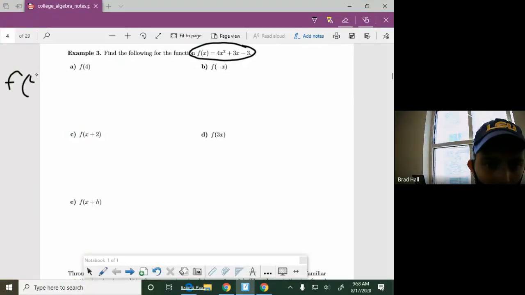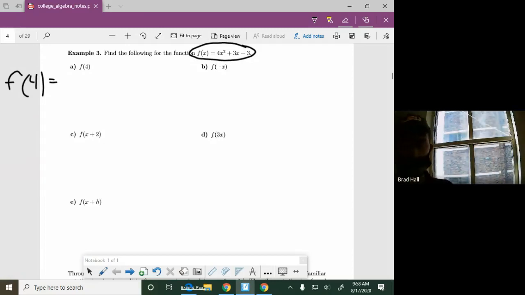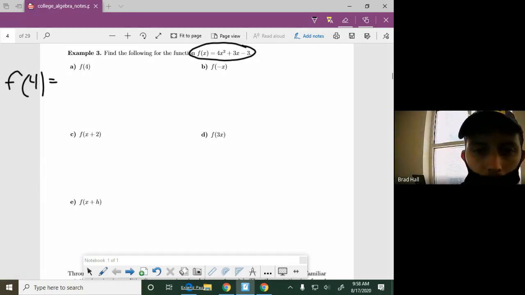So this says f of 4. So if you remember how that notation works, it means for that function that I have circled up there, I'm going to plug 4 into every occurrence of x that I see. So every time I see an x, I'm going to plug in a 4.